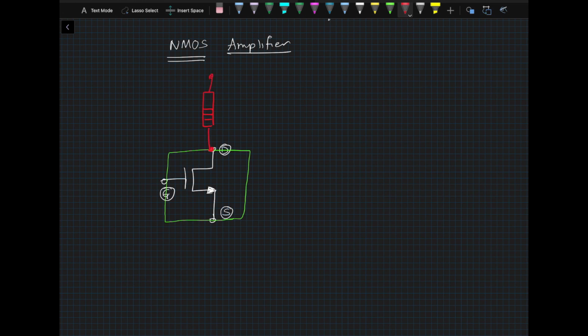We connected the resistor like this, and this is our input terminal. This is what I'm going to connect to ground. Of course I need a supply voltage, so I'm going to connect a battery, in this particular case maybe plus minus 1.2 volts, something like this.